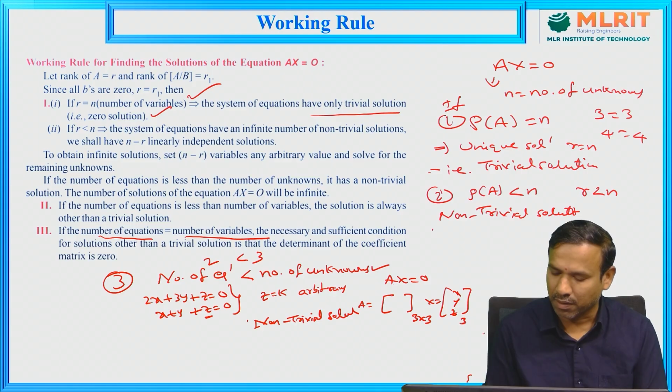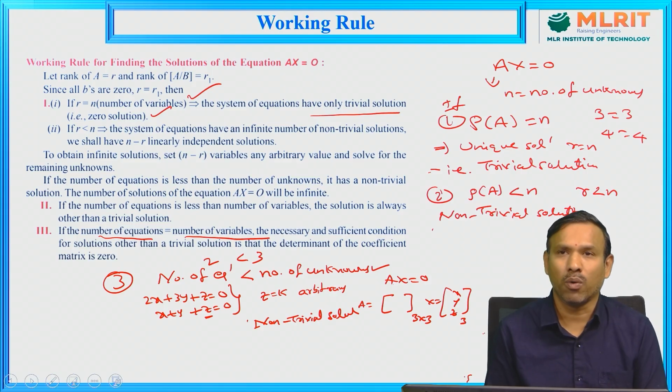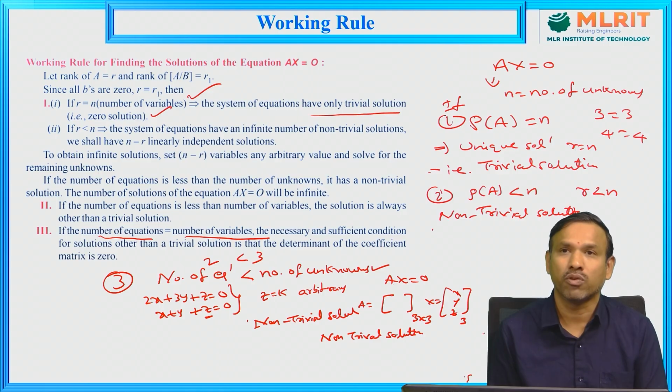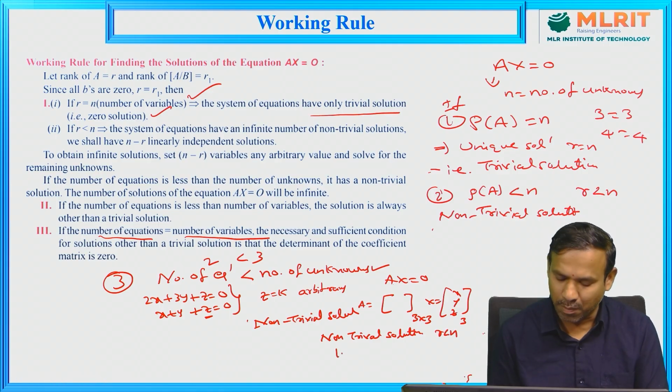Here the number of equations is equal to the number of unknowns, and the system has a non-trivial solution. Whenever the system has a non-trivial solution, rank must be less than n. When that is possible, the determinant of the matrix must be 0.